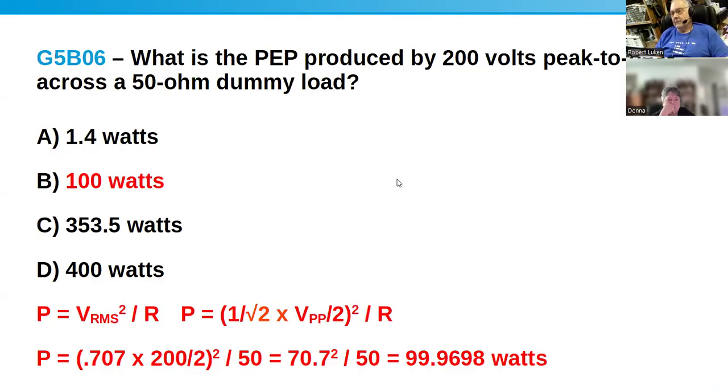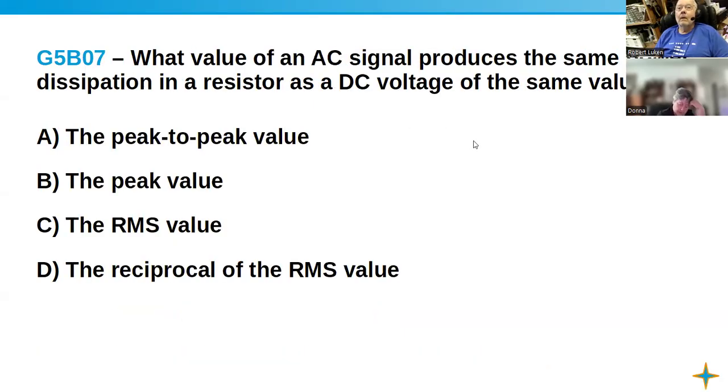That's a hard one too. You have to remember that peak to peak is not the peak voltage. Most people get confused on peak envelope power because they forget you have to use the RMS voltage.